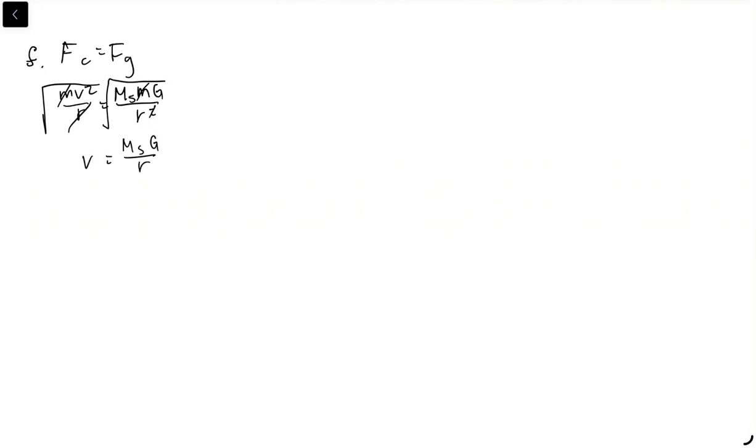Okay, so for part F, we can set FC as equal to FG in a circular orbit and then expand that. And then here we can cancel out the little m and then the little r. And then we can square root both sides to isolate for V. And in this case, this would be V naught.